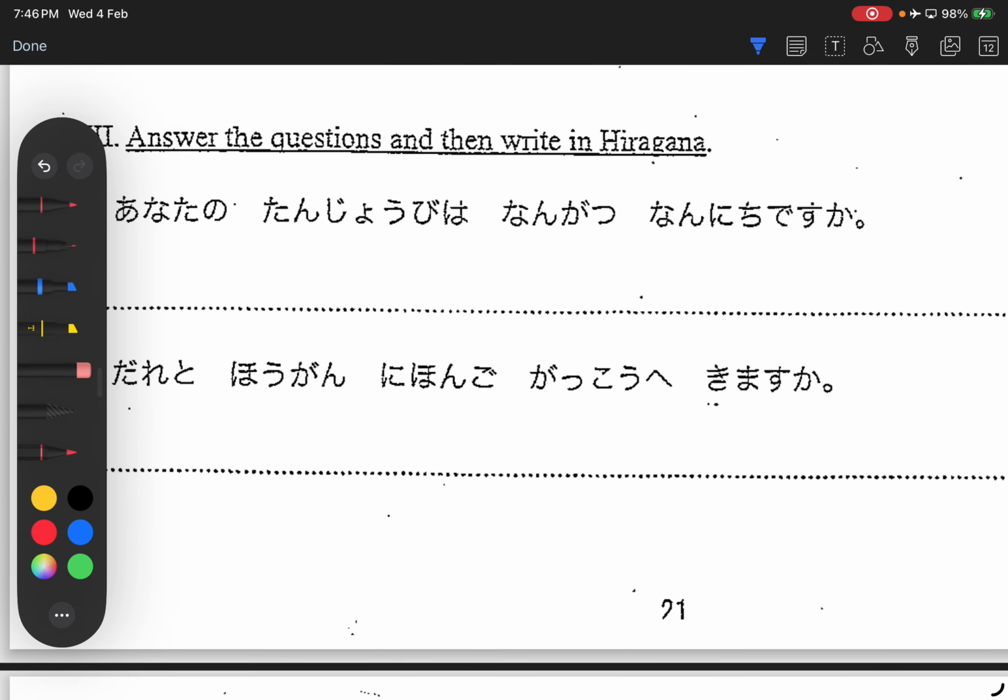Danna-san to kimasu. Or Otto to kimasu. Otto means husband, O-T-T-O. We talked about the family relationships before, the appendix. You can refer to that for how to mention husband.